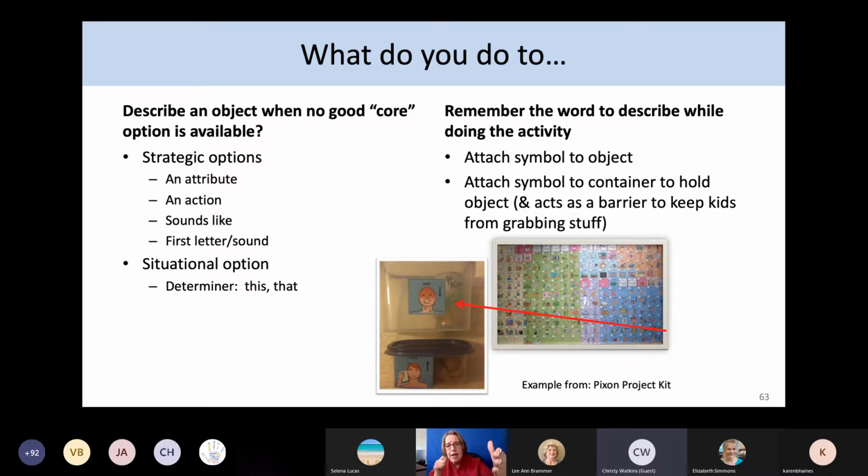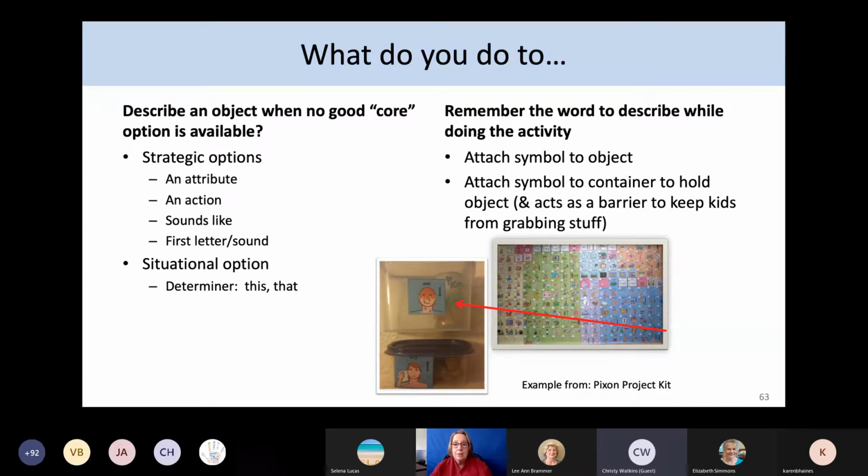And I'm going to take the word break off the chart and put the word break on there. So as I've activity, a word that will be used to describe that object, I've given the kids a reminder of what symbol and what word is going to be used. And so it's part of laying down that strategic skill of what do you do when you don't have all the words you need.